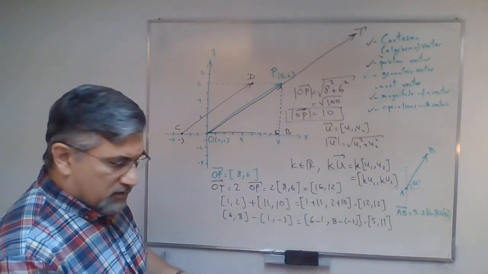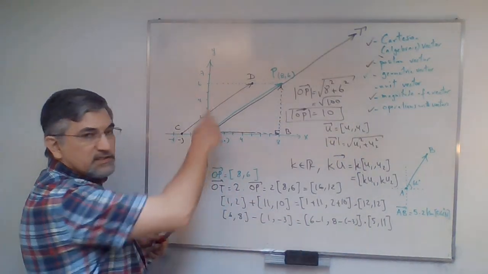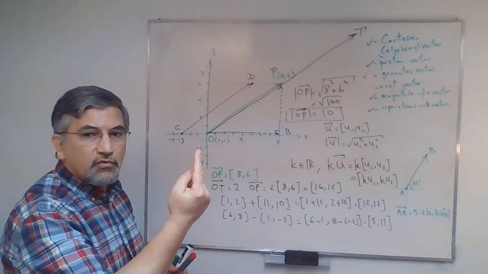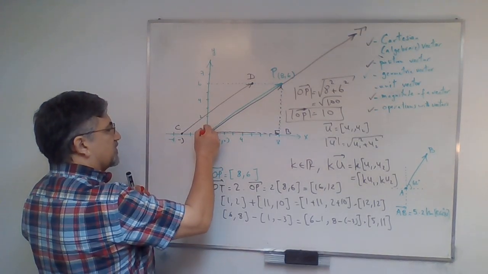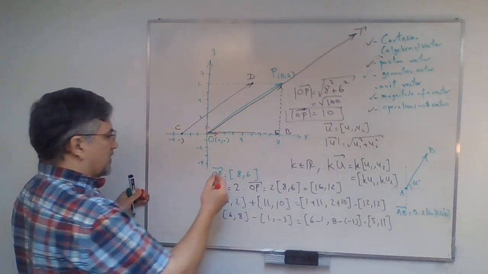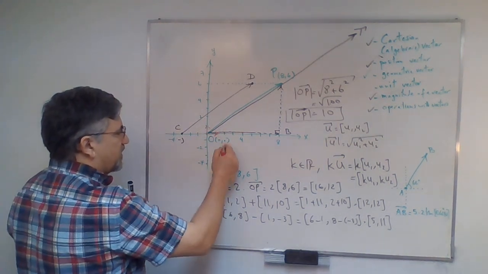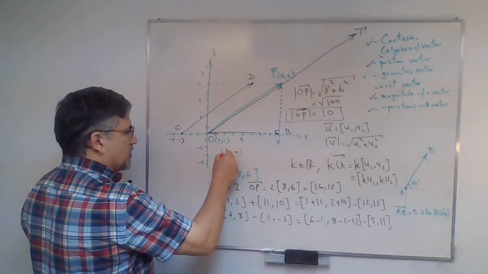And now, unit vectors. On the x and y axis, there are vectors whose magnitude is actually only equal to 1 unit. See this vector here, for example, and this vector here, they're small. I can draw them larger. So this is a vector 1, 0.